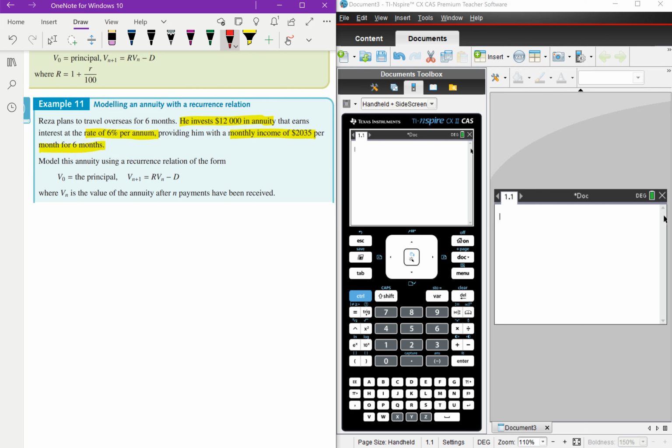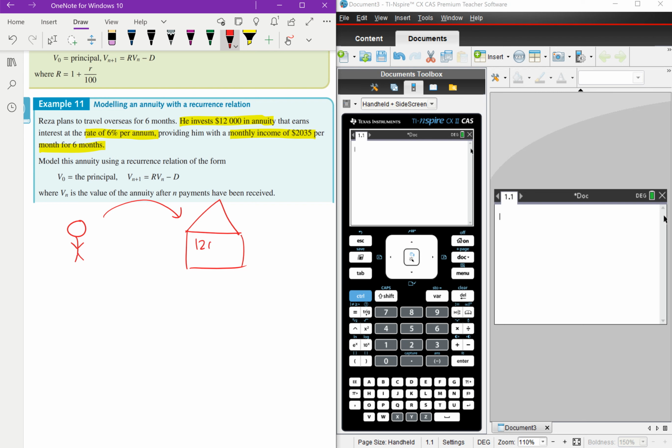So, before I write down the answer for this, I need you to understand what annuity means. Think of it as Reza is now traveling. He's got $12,000 in his pocket, but instead of just using the $12,000 overseas, a bank says, hey, why don't you give me your $12,000?